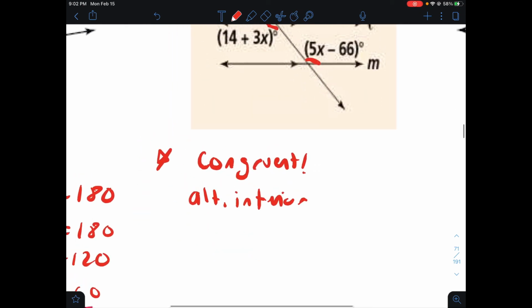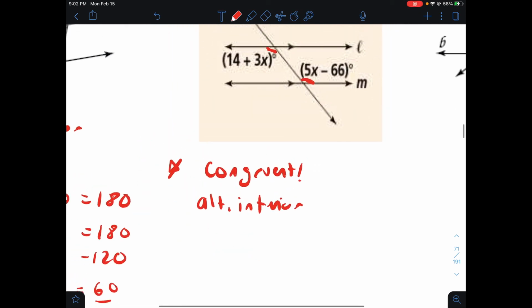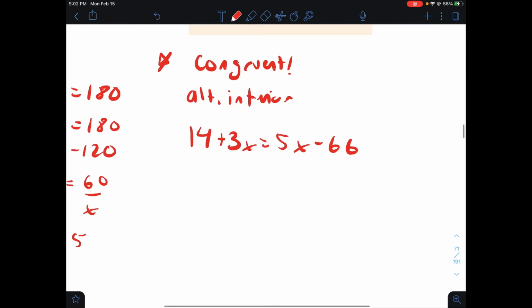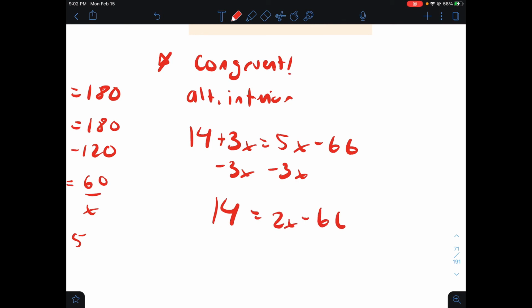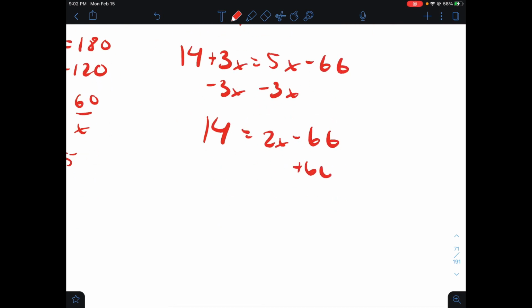All right. Alternate interior angles should be congruent, so we will set them equal to each other. 14 plus 3x equals 5x minus 66. So let's do minus 3x. Minus 3x, we get 14 equals 2x minus 66. Let's add 66. And 14 plus 66 is going to give us 80. And we should get x equals 40.